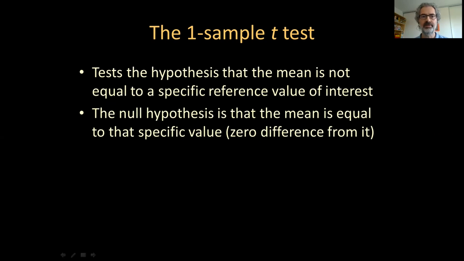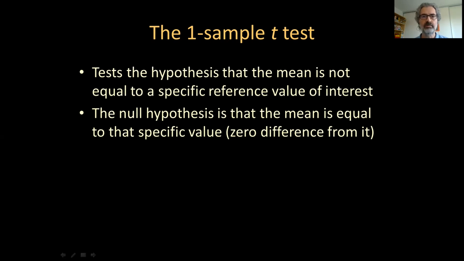The null hypothesis is that the mean is equal to that specific reference value. So if the mean of the population we're sampling from is equal to that reference value that we specify, then that would be a true null hypothesis.